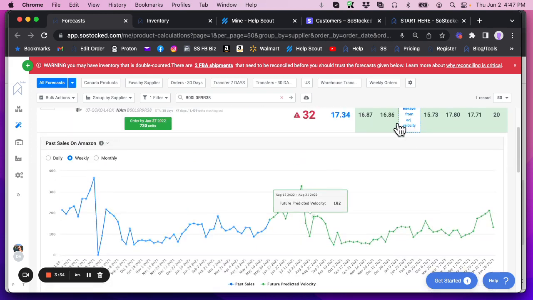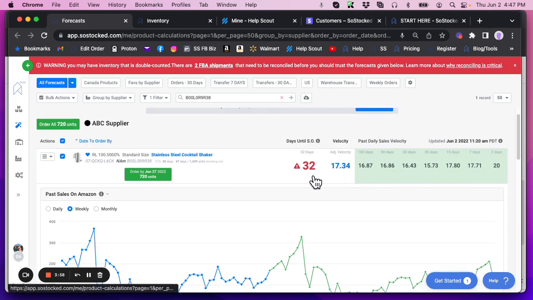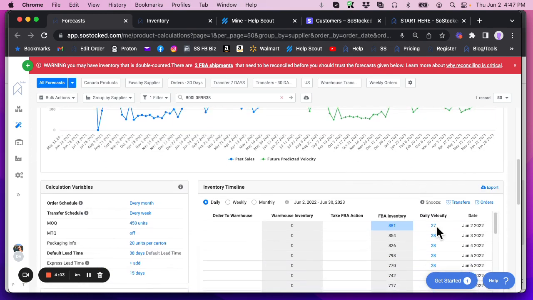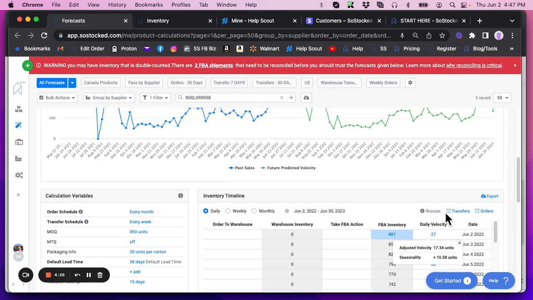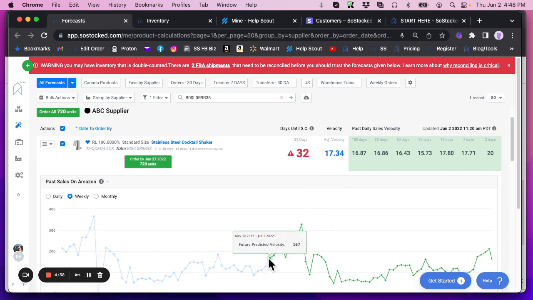Now we're looking at these last periods here, which is an average of our last 6 months, and it's showing 17.34. This shows that we're actually at 17.34 units plus an additional 10.58 units. It's taking our current adjusted velocity, which is 17.34, and dividing it by that same percentage that we had last year.